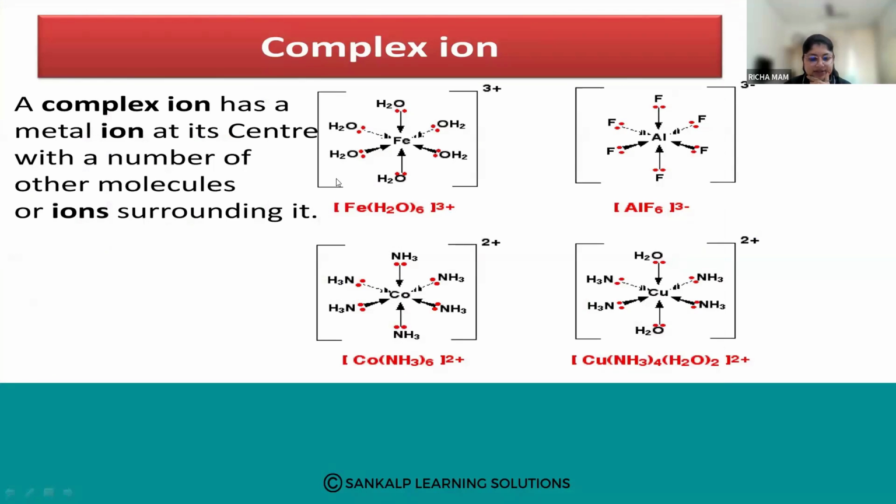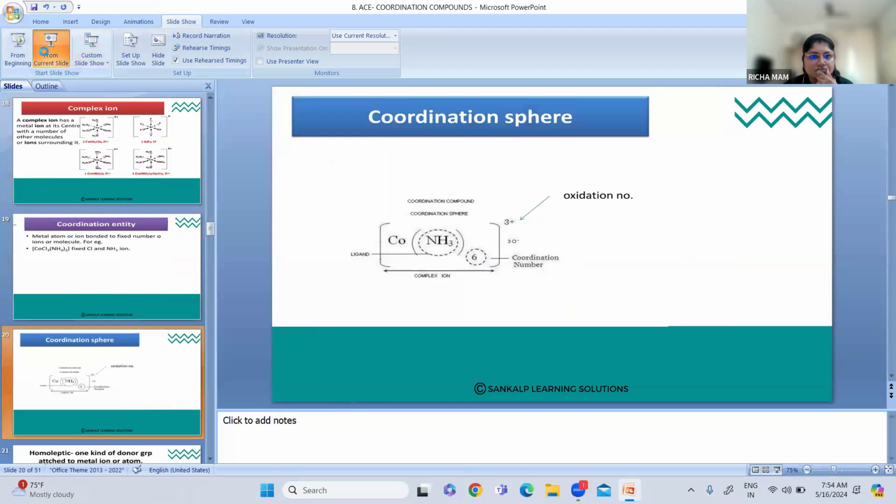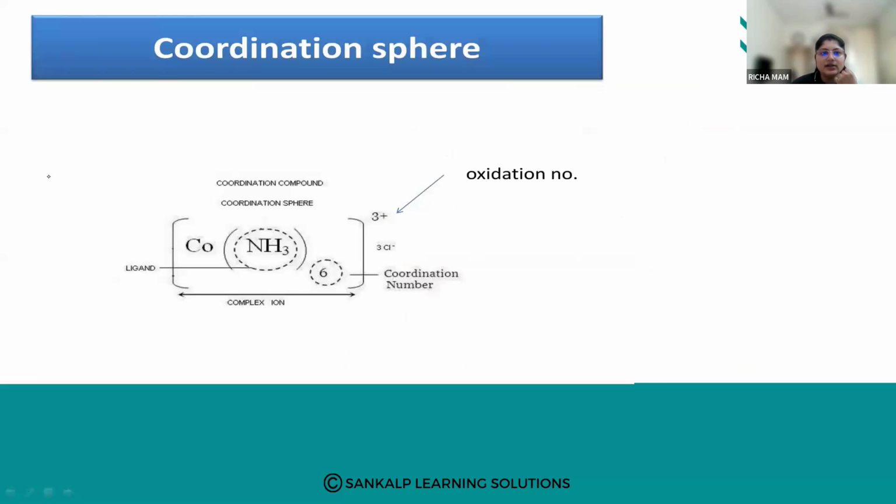Next, we are going to discuss the coordination sphere. What do you mean by the coordination sphere? The central metal atom is represented by M, right? The central metal atom or ion, M n+, along with the non-ionizable ligands, is enclosed in a sphere.